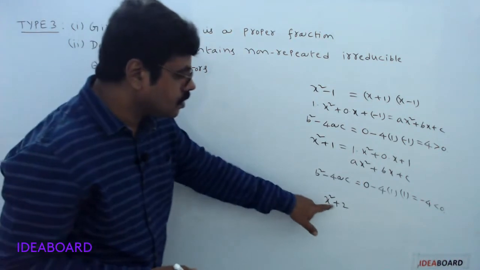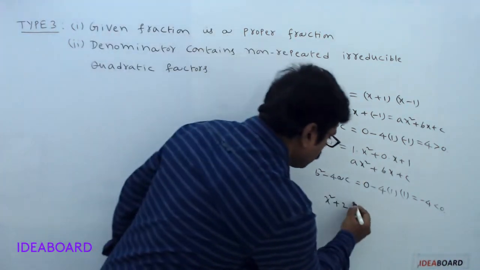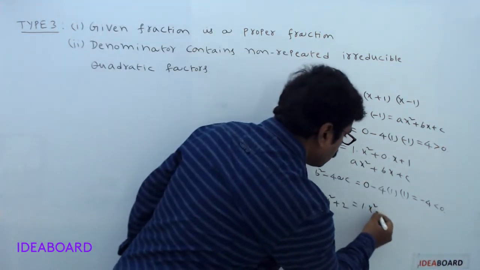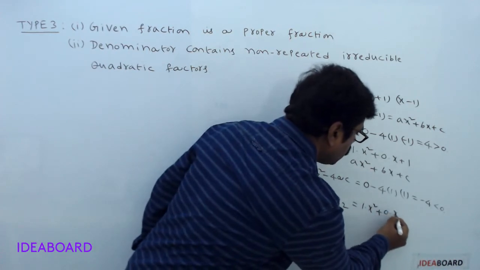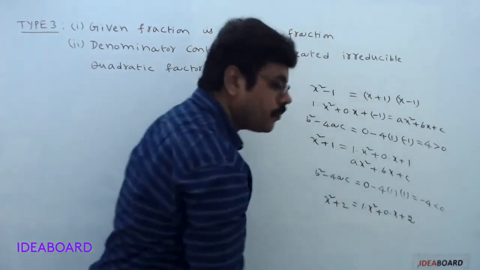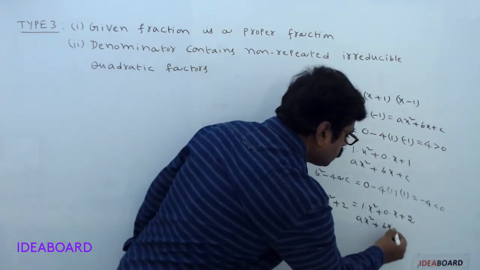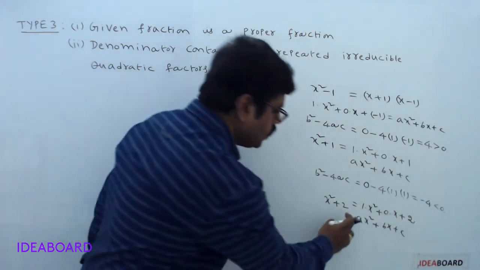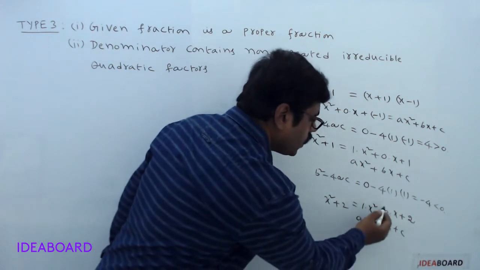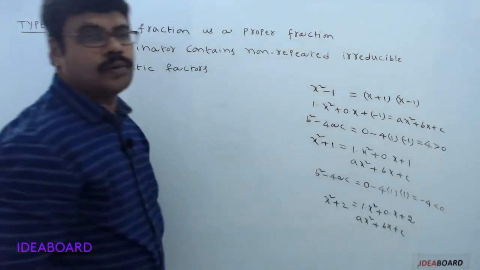Now come to this example also. This can be taken as 1 into x square plus 0 into x plus 2. It is in the form of ax square plus bx plus c: a value 1, b value 0, c value 2.